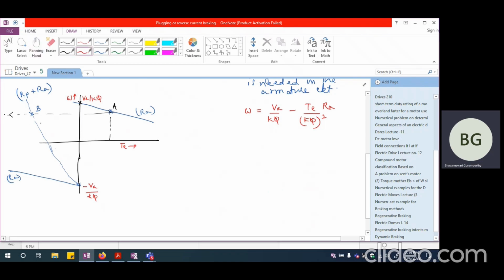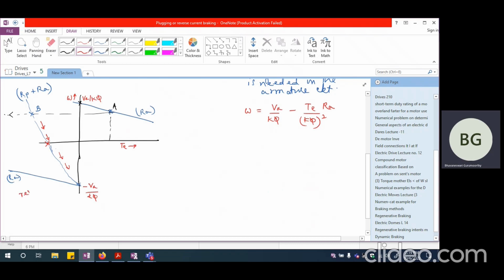Now the motor characteristics will travel along this. So even at zero speed, if I don't disconnect the power supply, the motor will start running in the opposite direction. So the speed as well as torque both will be in the reverse direction.